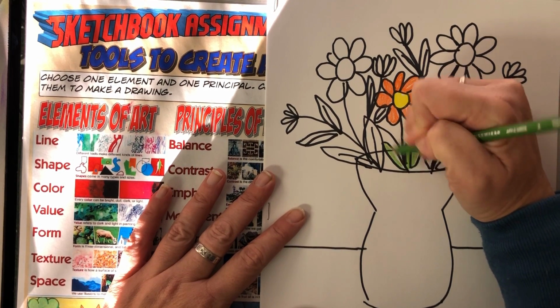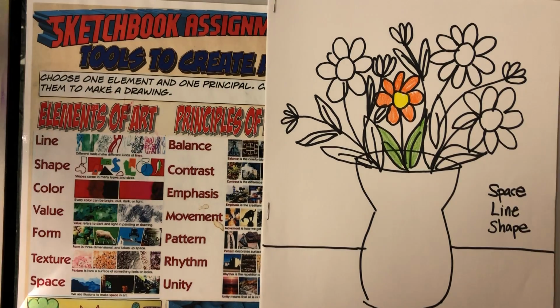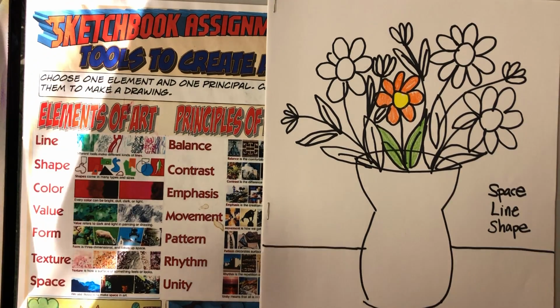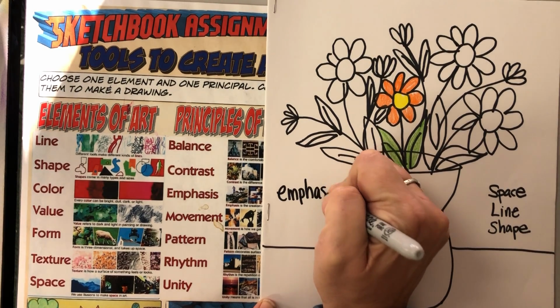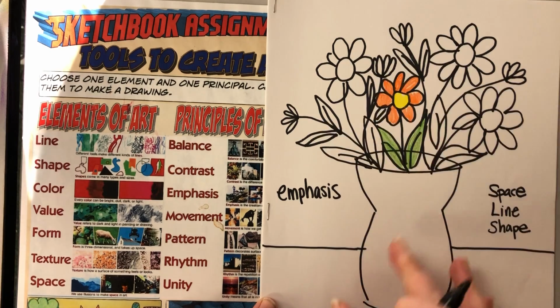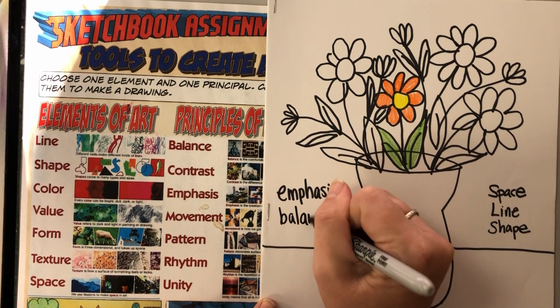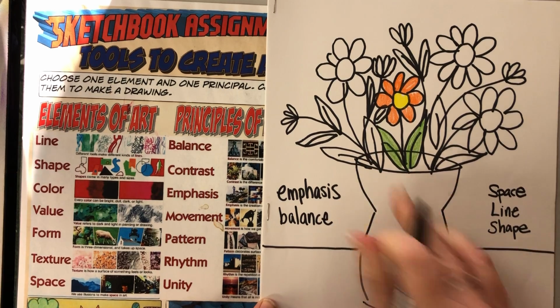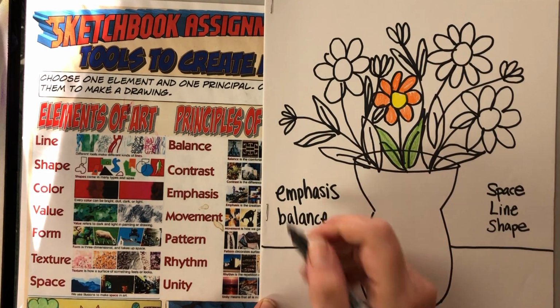That would be emphasis. So now if I just leave it like that, I've got emphasis. I've got balance, it's sitting in the middle. I've got contrast, bright, bright, bright, next to just black and white, dark.